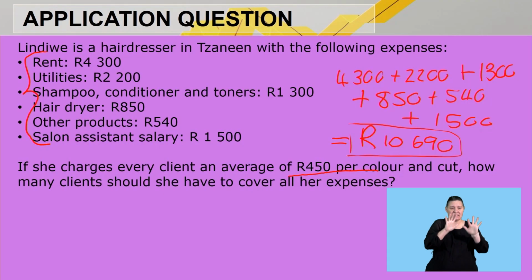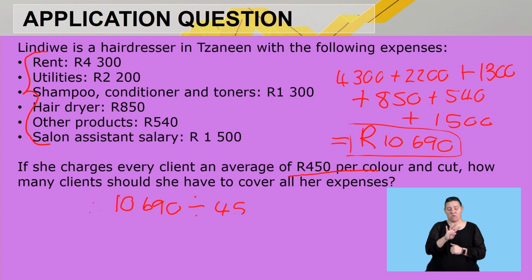So that means for her to break even and not have a loss, she needs to have enough clients to cover the 10,690 rand. So therefore we're going to say, well, okay, I need to cover 10,690. My average price is going to be 450. So then it is 23.75. But now remember, guys, we are working with clients.